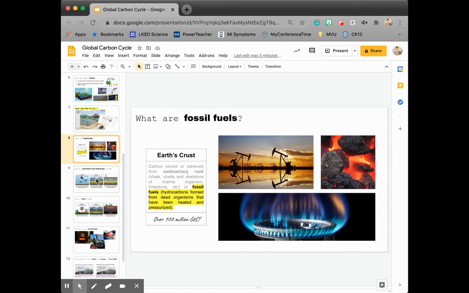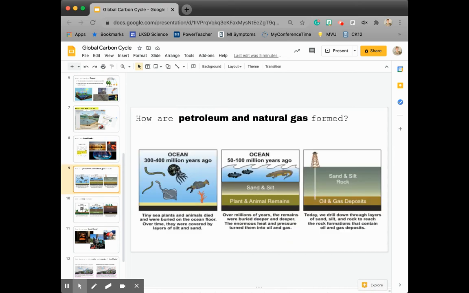Let's take a closer look into petroleum and natural gas. Petroleum and natural gas were formed from the remains of animals and plants that lived, again, pre-dinosaur in a marine environment, which means we're talking about organisms that lived in the ocean. Those organisms died.